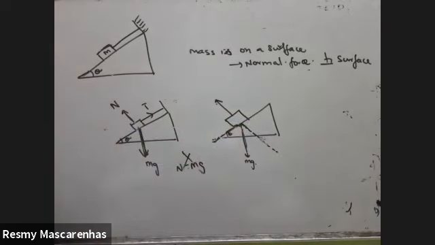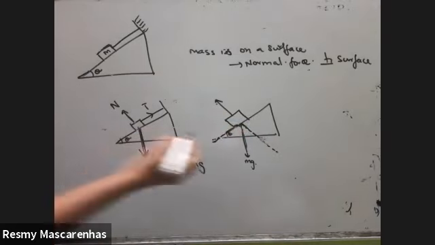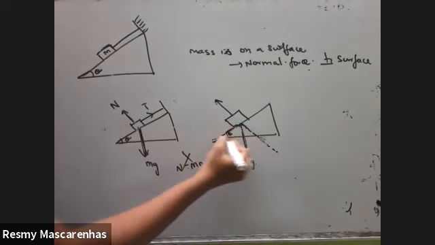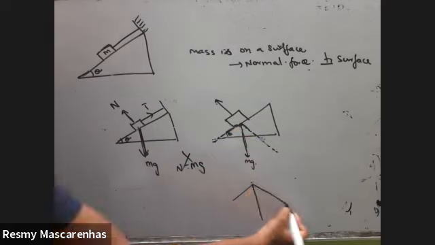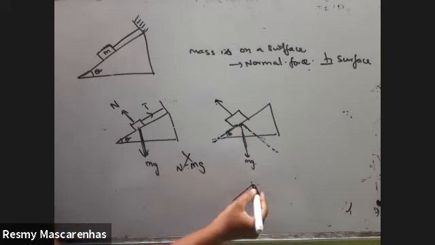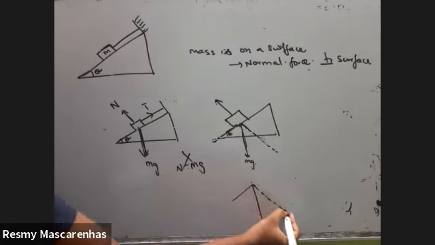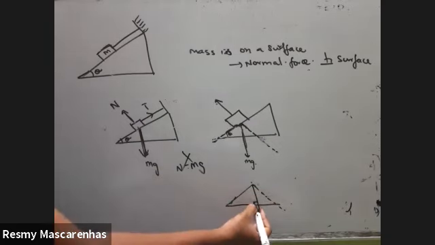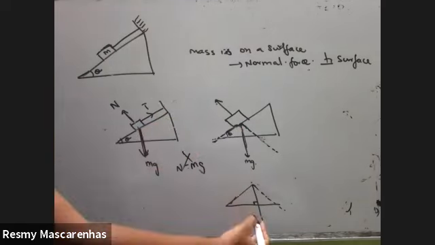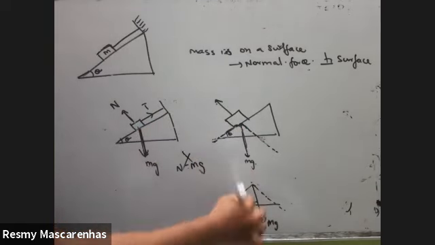So I'll draw this again, the same triangle. If you notice, I'm drawing this triangle down. This is 90 degree. This is the same triangle I'm drawing now.